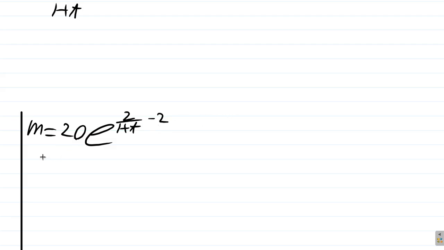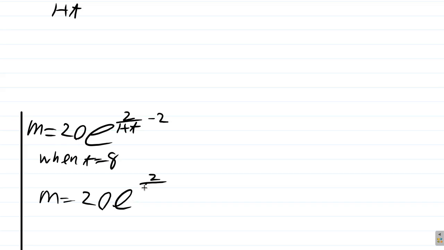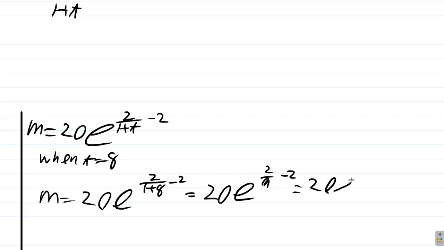Alright. When t equals 8, what happens? M equals 20e to the 2 over 1 plus 8 minus 2, which is 20e to the 2 over 9 minus 2. Alright, what is 2 over 9 minus 2?